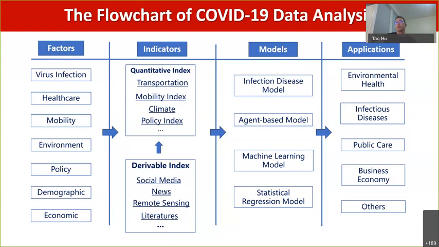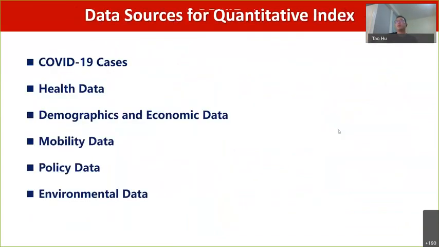So you can see here these data sets are in the form of text and also images. So this is more like an unstructured data set. Based on these different kinds of indicators, we can introduce different models for different applications. So next, I will talk about more details of the data sources for the quantitative index.